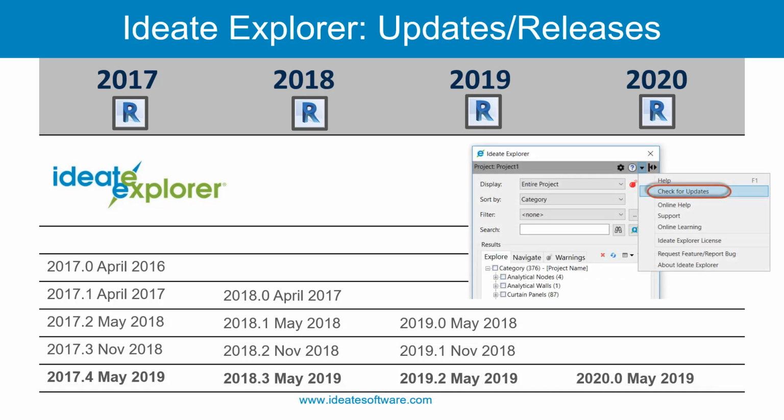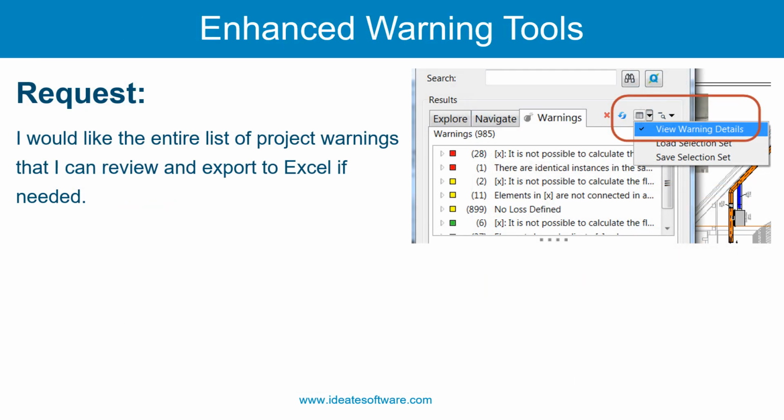You can review your installed Ideate Explorer versions by selecting the Check for Updates option on the Ideate Explorer pull-down menu. All the changes mentioned in this video apply to Revit 2017, Revit 2018, Revit 2019, and Revit 2020, unless otherwise noted.